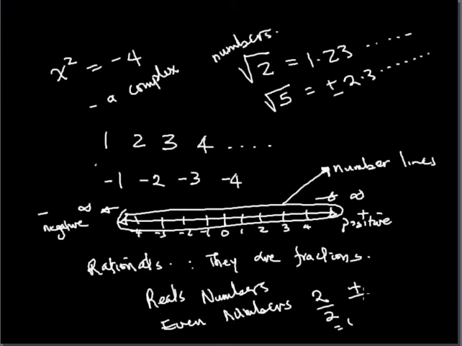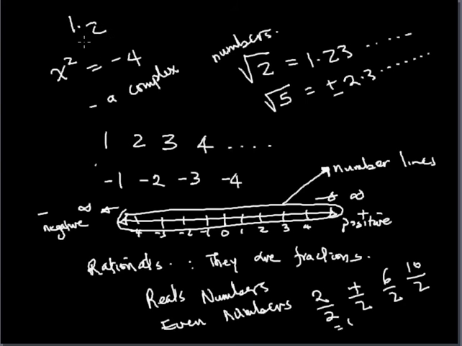If you divide 4 by 2, if you divide 6 by 2, if you divide 10 by 2, they are divisible. They can be divided easily without giving a decimal number. Decimal numbers are numbers like 1.2.